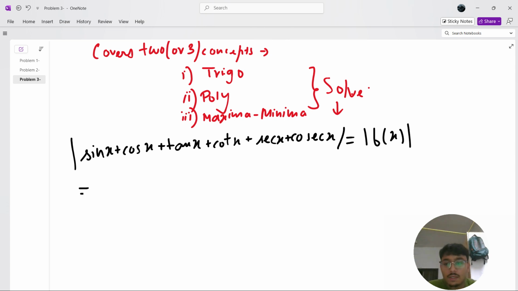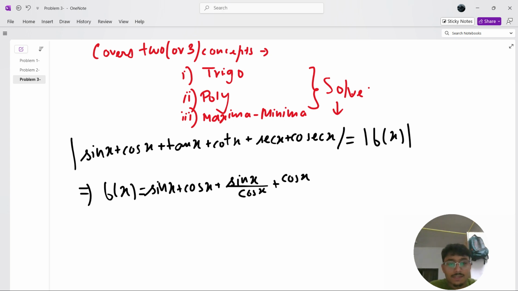So f of x is equal to sin x plus cos x plus tan x, which can be written as sin x by cos x, plus cot x, which can be written as cos x by sin x. Now sec x can be written as 1 by cos x and cosec x can be written as 1 by sin x.